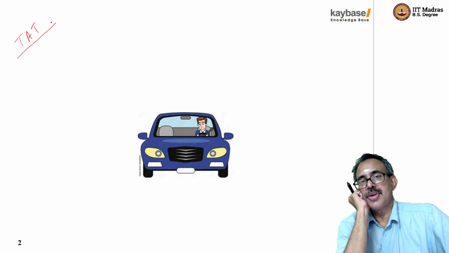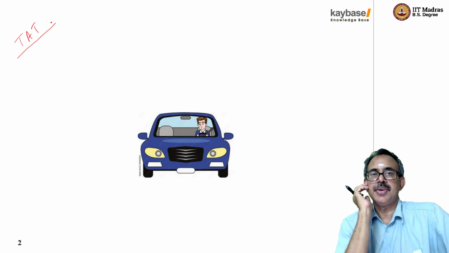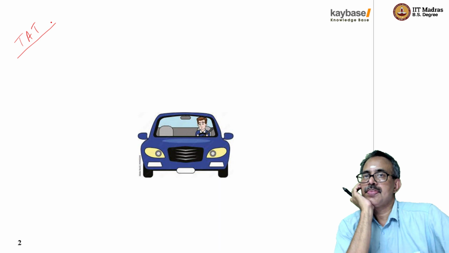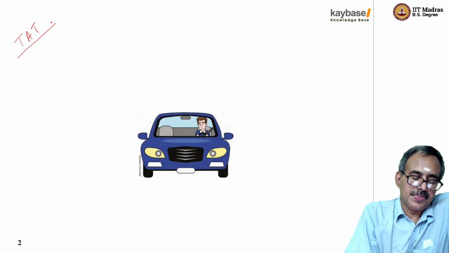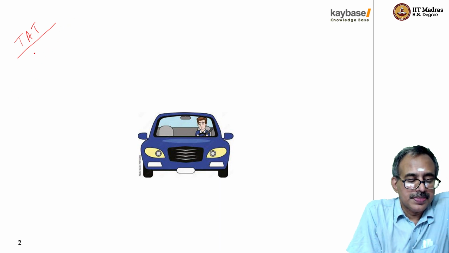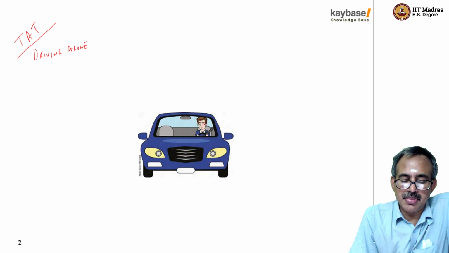You have to say the story loudly because otherwise nobody can hear you. He's driving alone. Alright, he is driving alone. Unless somebody's head is hidden in the back seat behind him.